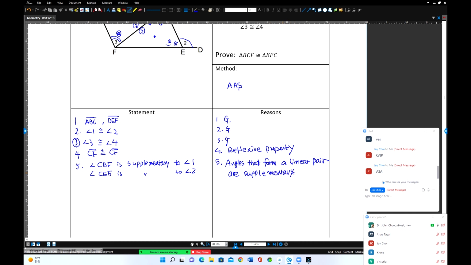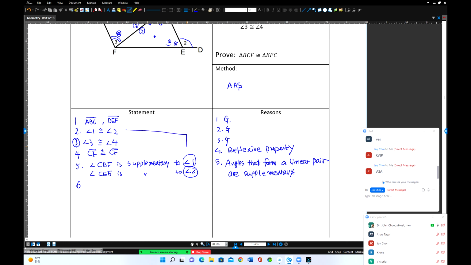Also, instead of this one, you can use this one too: angle CBF and angle 1 are supplementary. But I'm going to use this one first. Now we know that angle 1 and angle 2 are congruent.